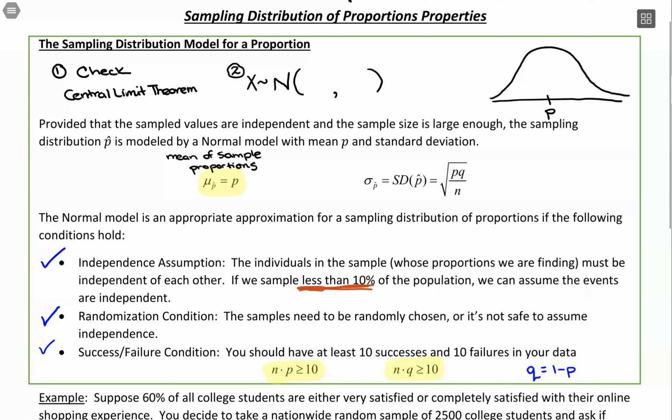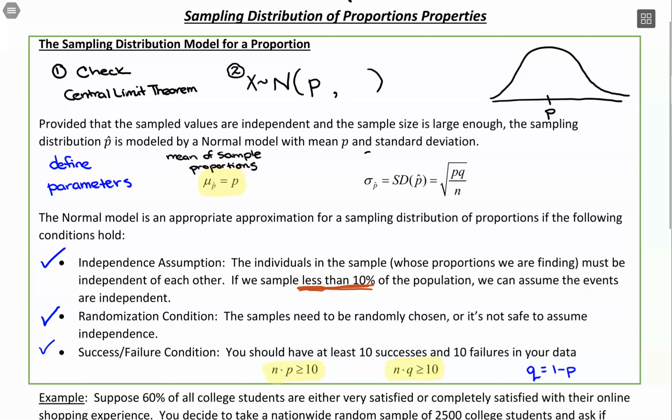So for the center of this distribution, you're just going to use your population proportion. You might see terminology that says define the parameters, and that's what we're doing here. The parameters are the population mean and population standard deviation. So to define the mean, you would just write in the population proportion.